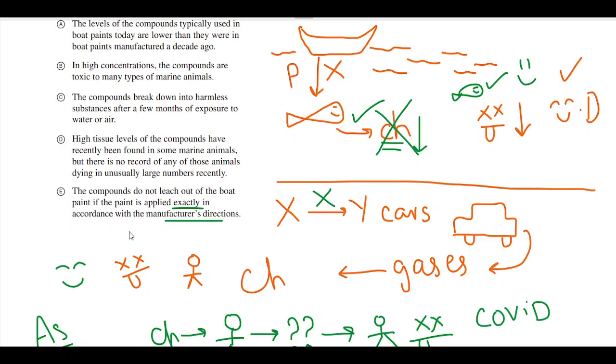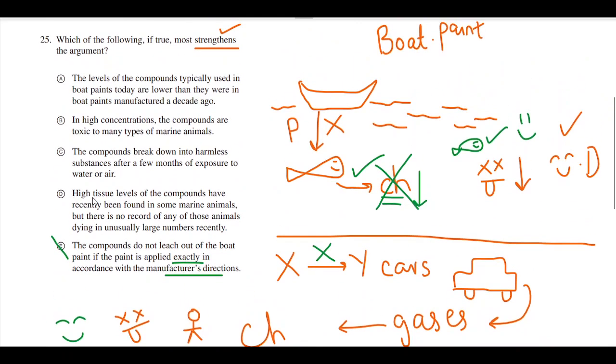Okay, so this is just giving us a precaution that, hey, if you do this, then this is not going to happen. You're not going to leak the boat. However, it has nothing to do with our assumption, and it has nothing to do with strengthening it or making it more valid. So we can safely eliminate this.